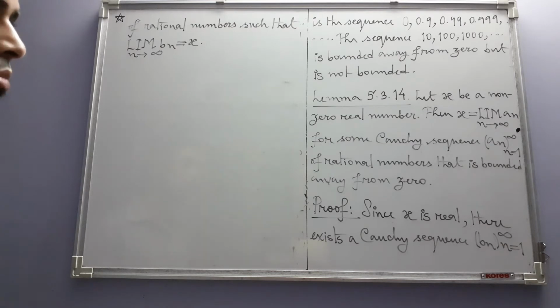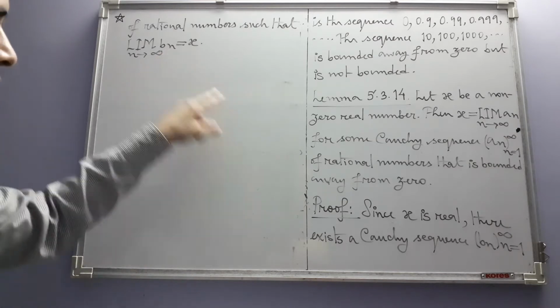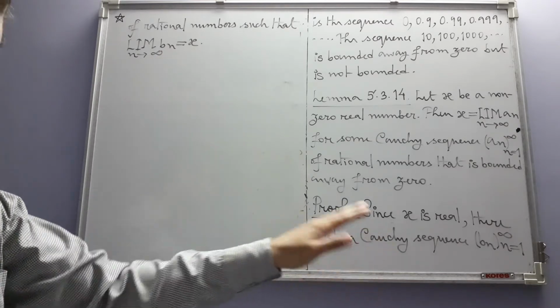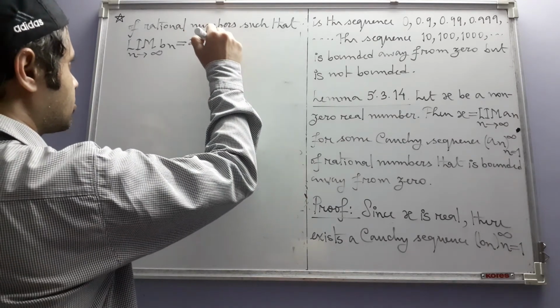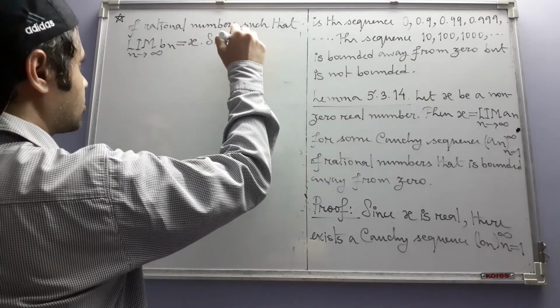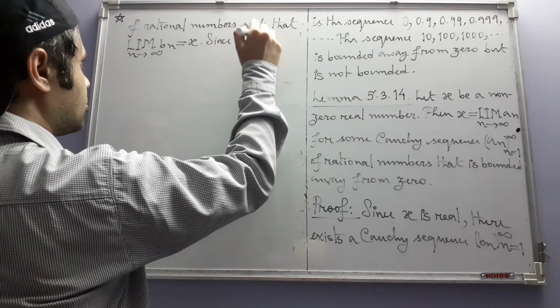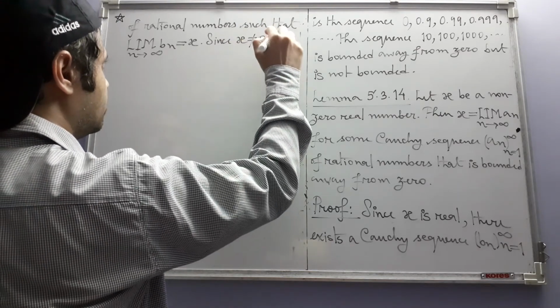Okay, but it's also given that x is not equal to 0. So that means this Cauchy sequence cannot be equivalent to the 0 sequence, since x is not equal to 0.